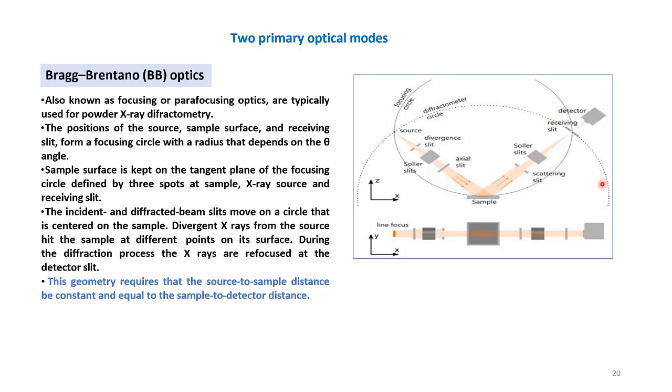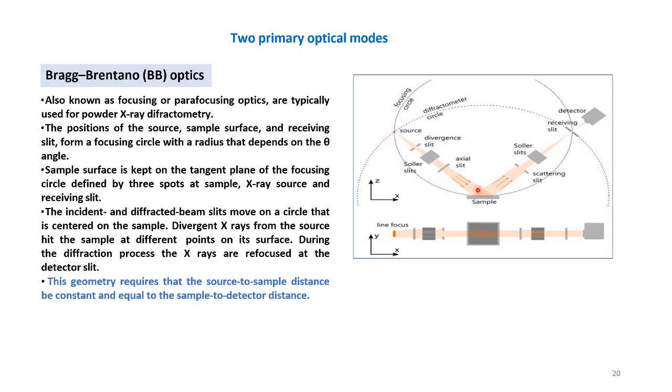So we have two circles, the diffractometer circle and the focusing circle. The position of the source, sample surface, and receiving slit are on the focusing circle, with a radius that depends on the theta angle, and the sample surface is kept on the tangent plane to the focusing circle, defined by three spots: the sample, the X-ray source, and the receiving slit.